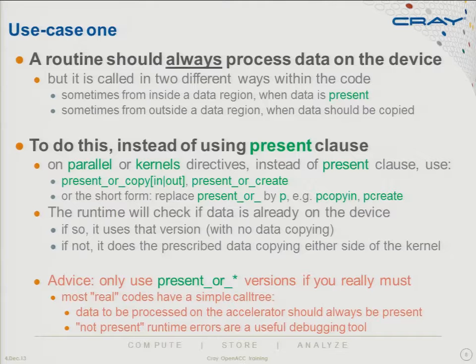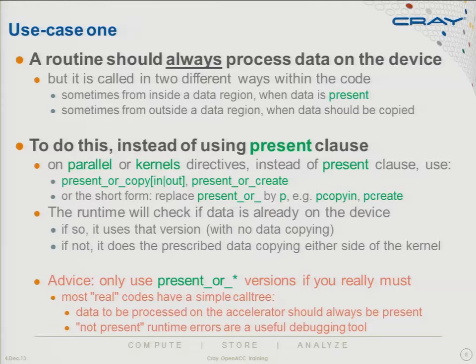Sometimes you call a routine from inside a data region and the data is present, but at other times in the same code, you call the same routine from outside a data region, and you want the data to be processed on the GPU, but it's not on the GPU, so it should first move there.